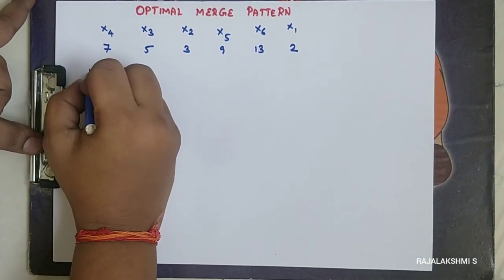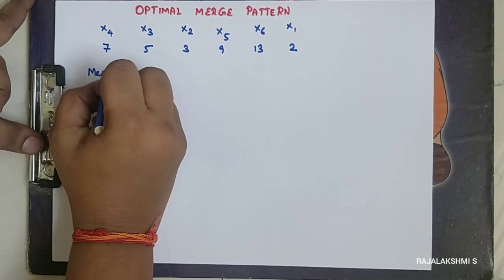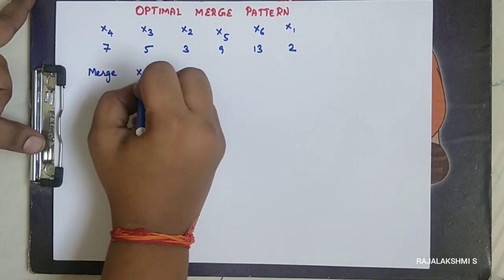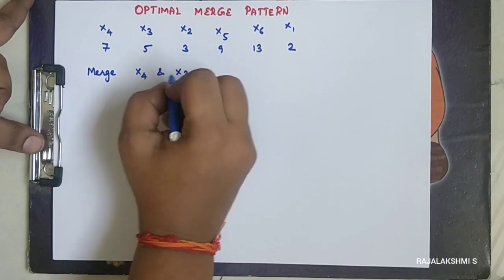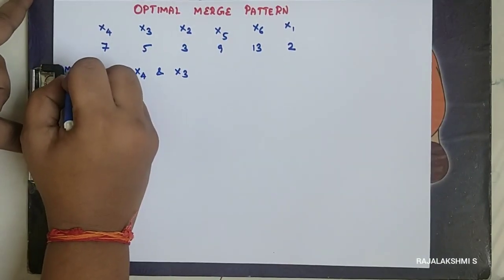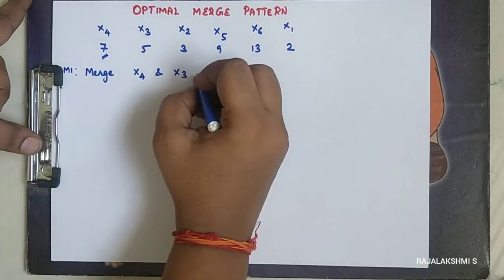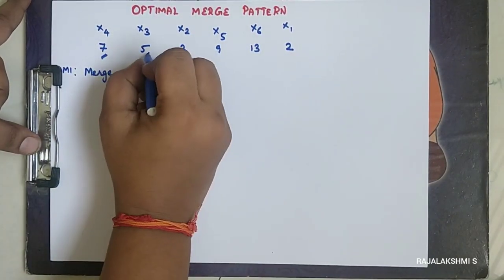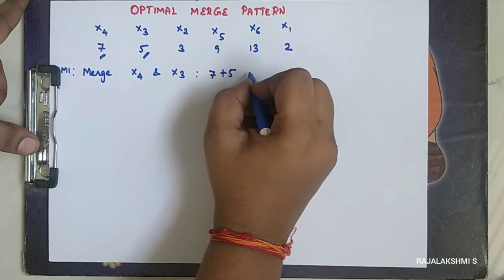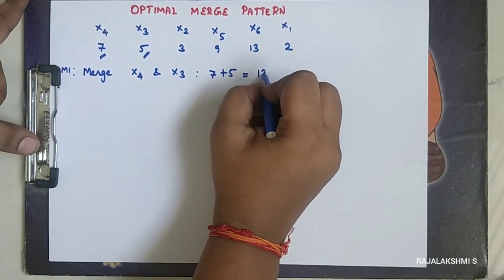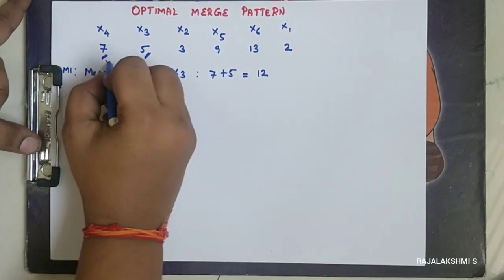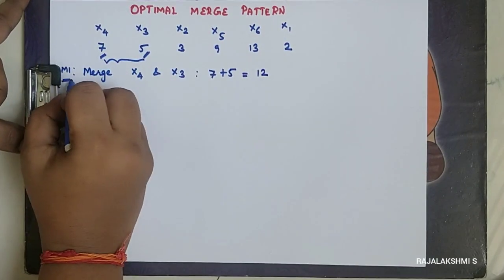Now a simple method is to merge x4 and x3. So let me say this is m1. So the number of operations required is the size is 7, and here the size is 5. So it is 7 plus 5, which is 12, right? And now these two files are combined into a single file m1.